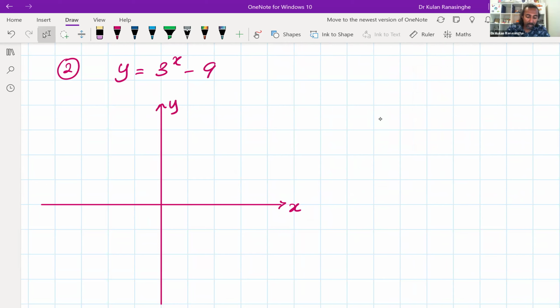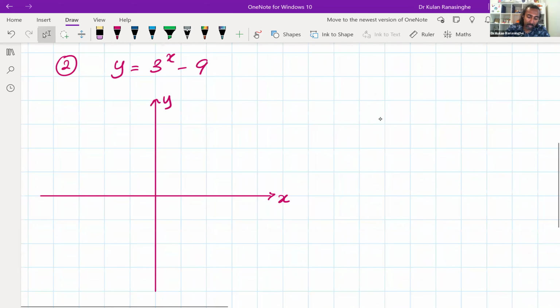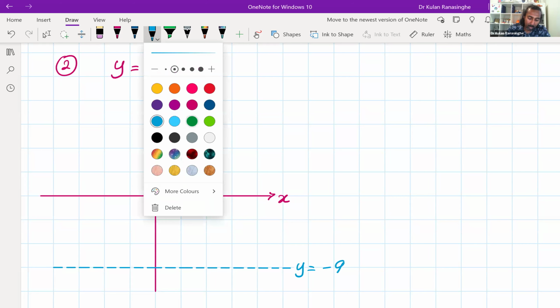Well, if I did it, let's say this is where y equals negative 9 is. So I'm going to have a broken line there to indicate y equals negative 9. I'm going to sketch it. I'm going to pick another color, let's say green.